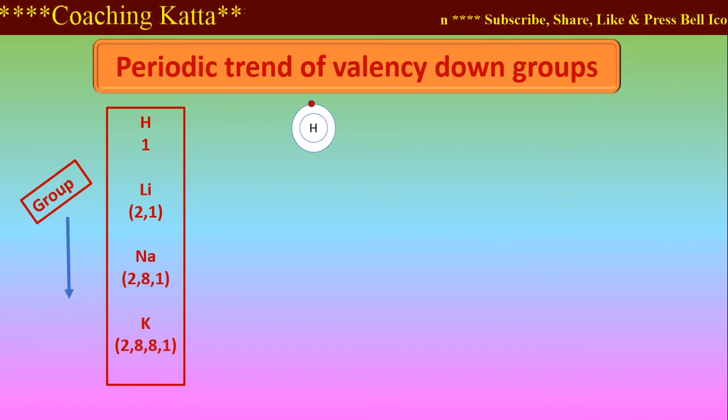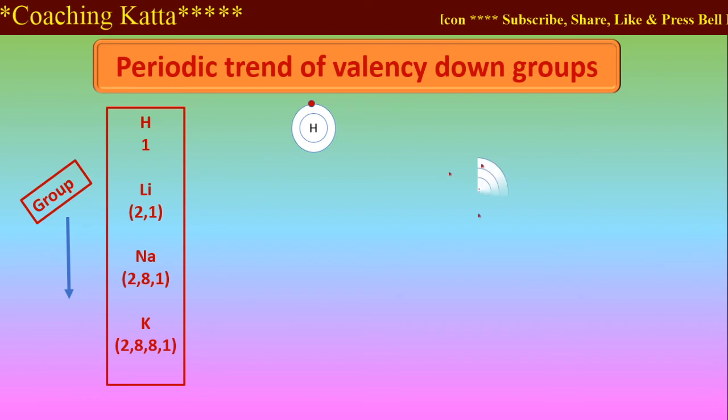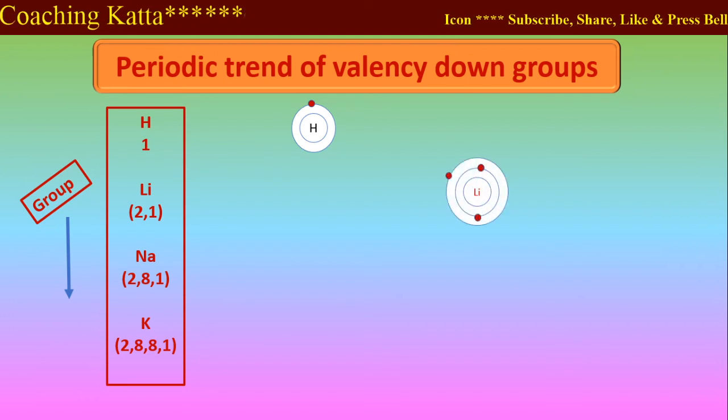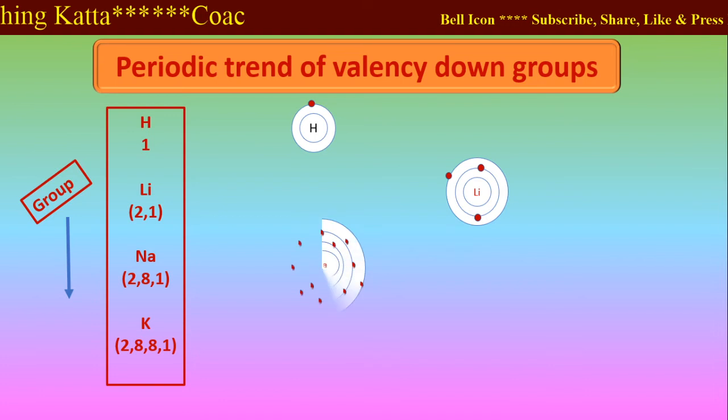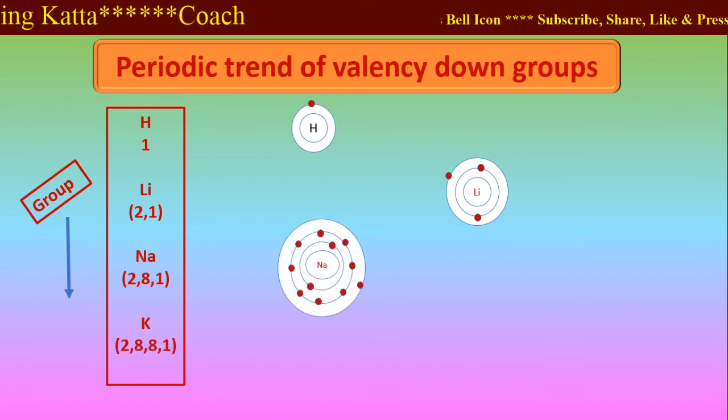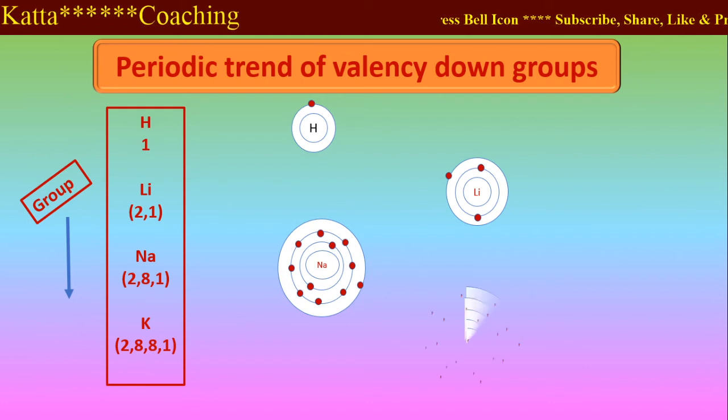Hydrogen has one shell and only one valence electron. Lithium has two shells and again it contains only one valence electron. Sodium contains three shells but again it contains only one valence electron.